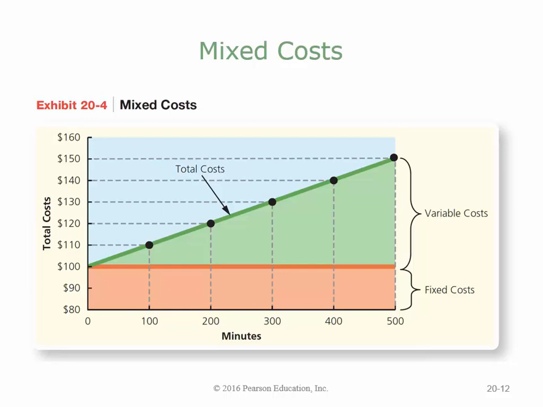Does that make sense? So the only difference between the mixed costs and the variable costs is the slope and the intercept. The variable cost would come down here and intercept at 0 and have a certain slope, and the mixed cost is going to intercept at the fixed cost and then go up from there.